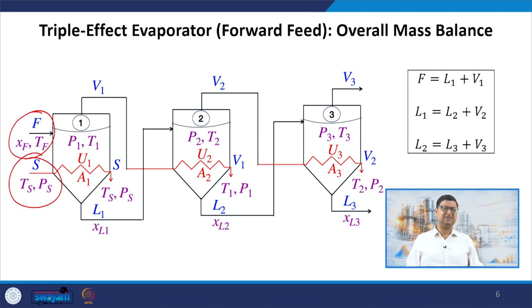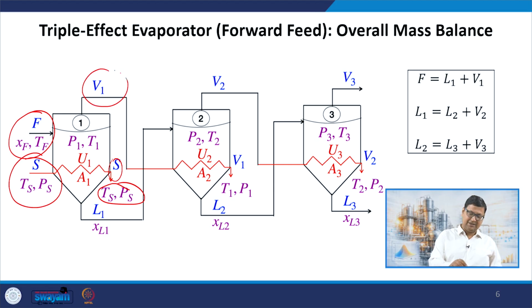In the first effect, not much has changed. The condensate again has the same flow rate and same temperature and pressure condition. But rather than saying that the pressure and temperature inside is P and T, now I am calling it P1, T1 for effect 1, P2, T2 for effect 2 and P3, T3 for effect 3 and so on.